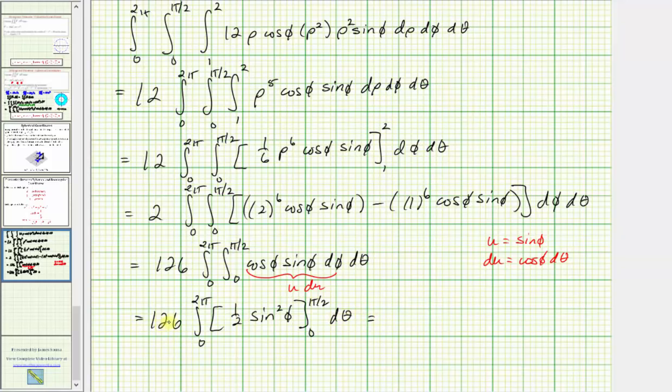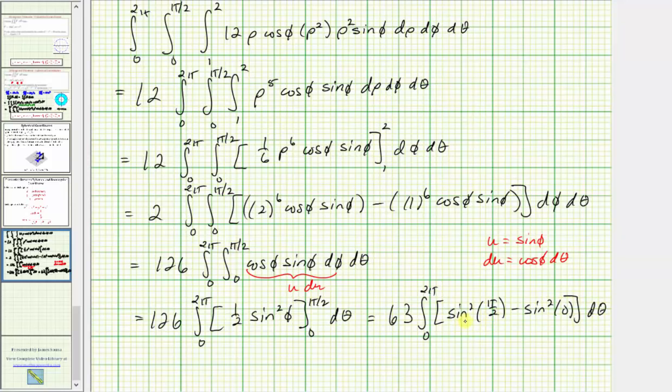Let's go ahead and factor out the 1/2. 126 times 1/2 is 63. So we'd have sine squared pi over 2 minus sine squared 0.